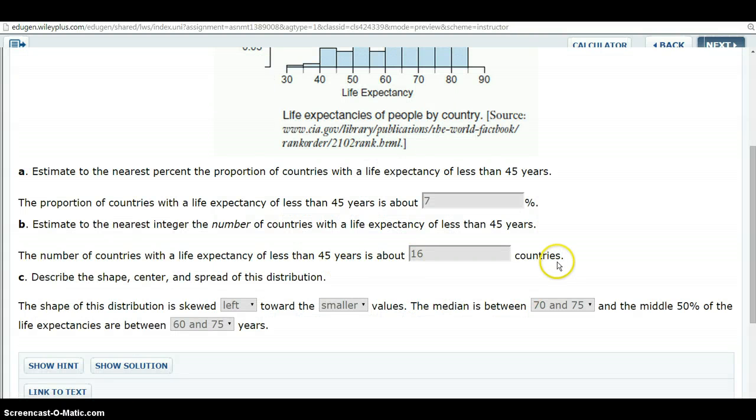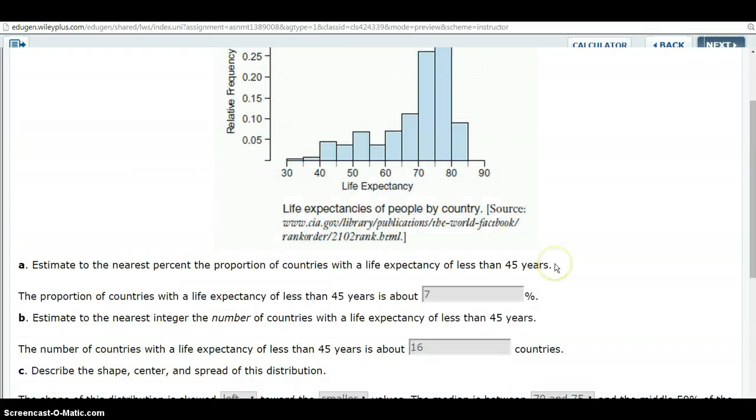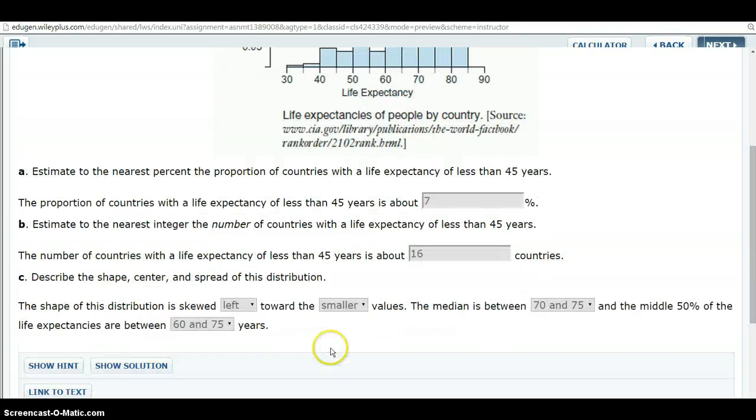Now, because we're talking about countries, a fraction of a country isn't very helpful, so I would probably round that to the nearest integer of 13. And notice again, the tolerance is 5 here, so between 11 and 21 would have been acceptable. And that's the absolute number of countries rather than the percent of countries with this short life expectancy.